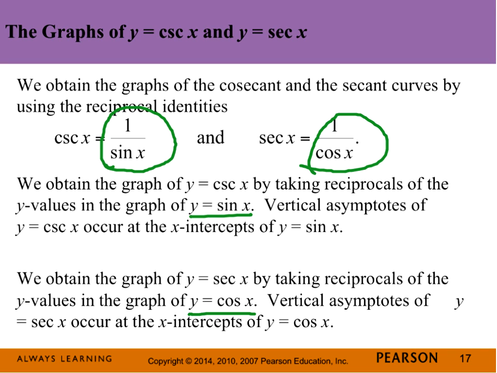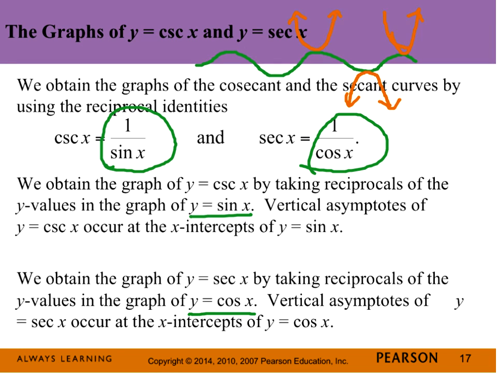So you have this sine or this cosine curve coming through here, and what ends up happening when we look at it, we see that the inverse of these make these U shapes at the maximum and minimums of either the sine or the cosine.